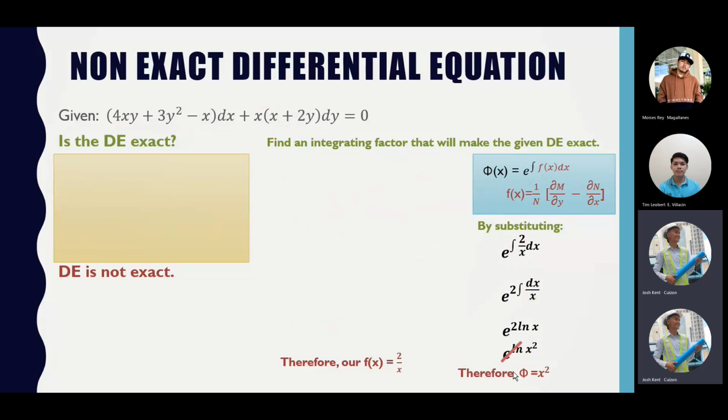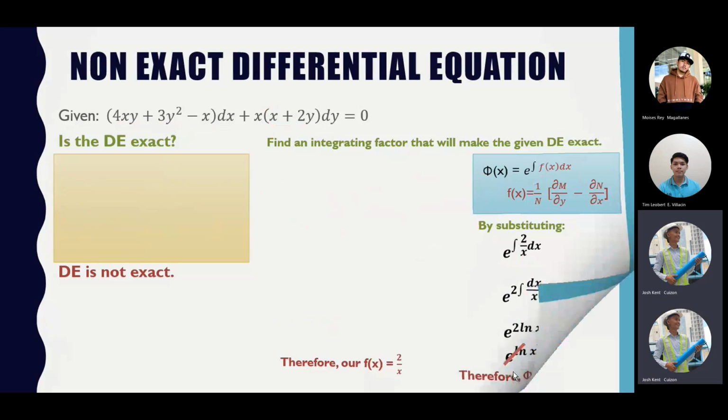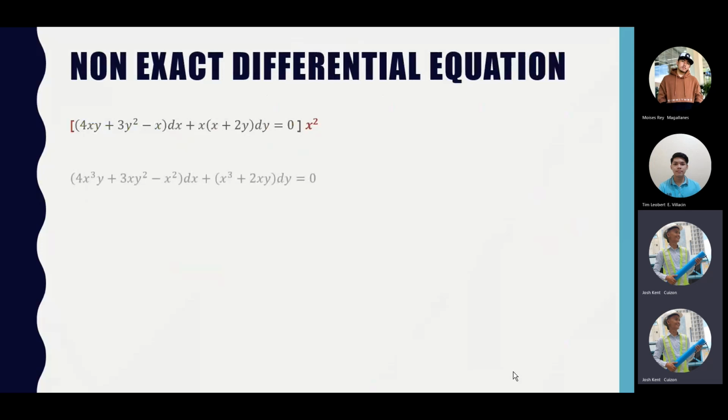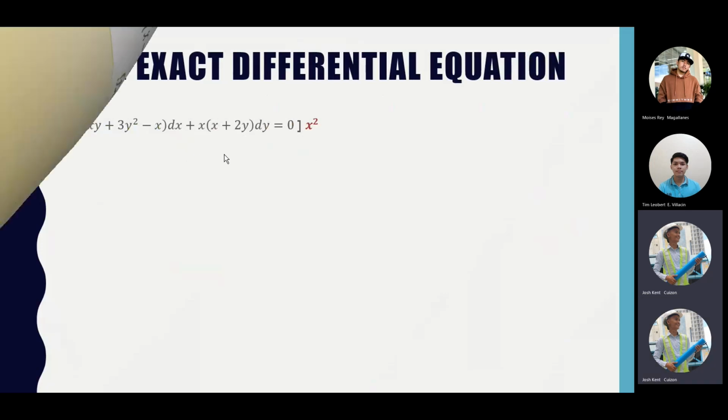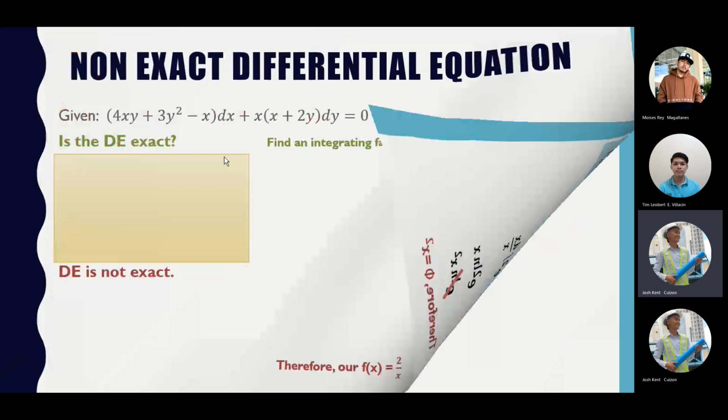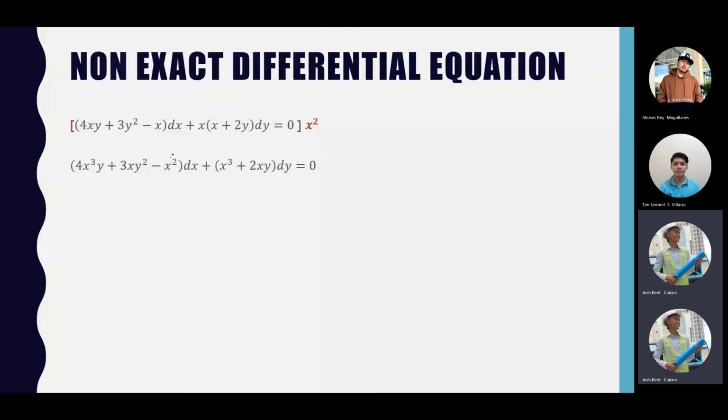So, by multiplying x squared to our given, this will become 4x cubed y plus 3x y squared minus x, wait, x cubed, sorry. Plus x cubed plus 2xy dy is equal to 0.